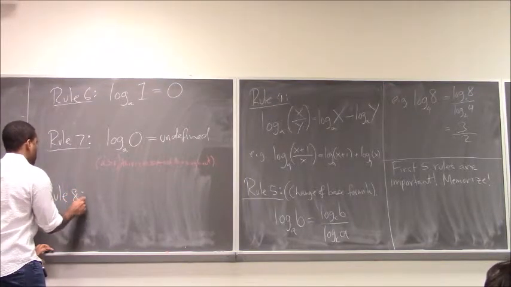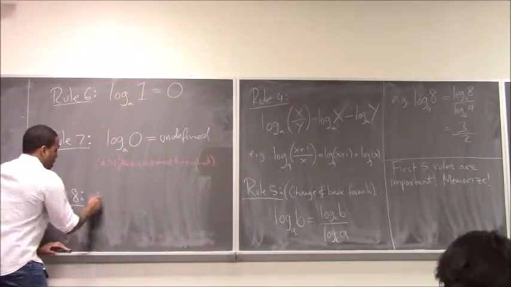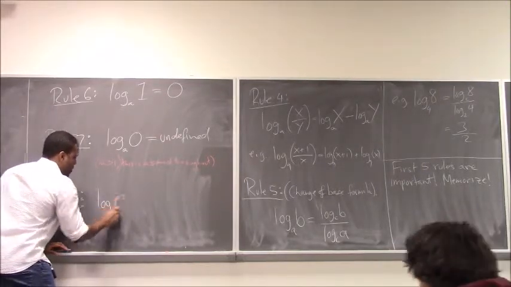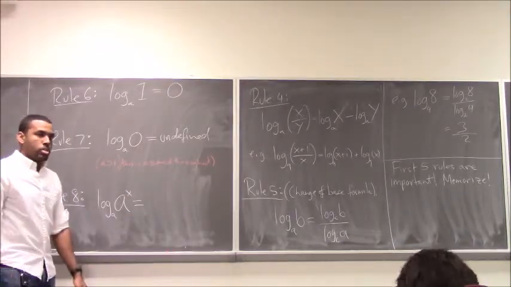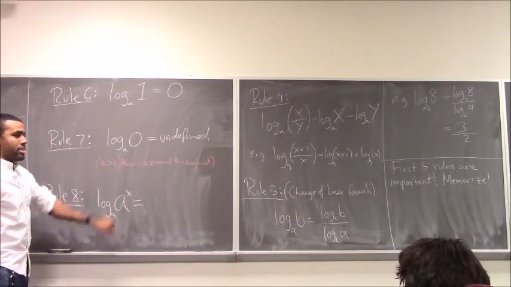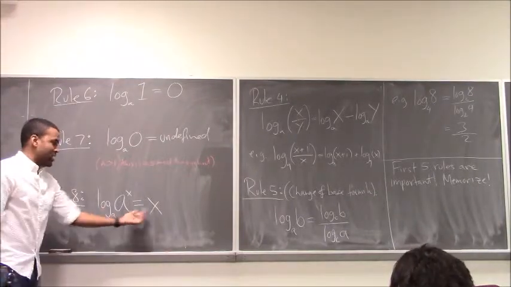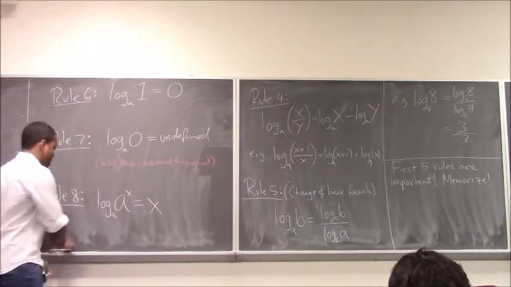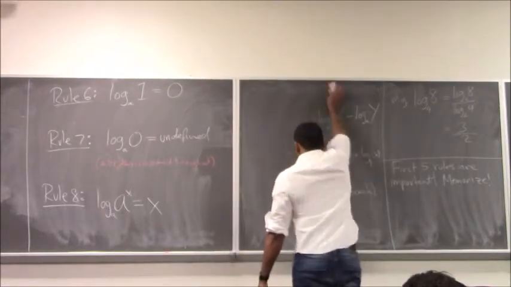Here's a nice rule. Again, it's obvious from rule 1, but it's nice to just know it right away. Let's say I take log to the base a of a to the x. What is that? What power do I have to raise a to in order to get a to the x? x. Raise a to the x, you get a to the x. That one kind of falls in your lap, but it's a very good rule to know.